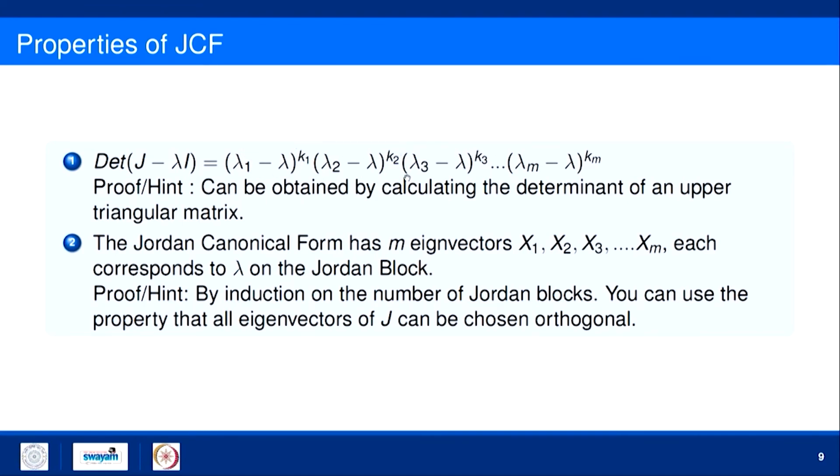So, it is the product of the characteristic polynomials of each Jordan block. The Jordan canonical form has m eigenvectors because each Jordan block gives you only one linearly independent eigenvector, and here we have m Jordan blocks. So, m eigenvectors x1, x2, up to xm, each corresponding to lambda on the Jordan block.